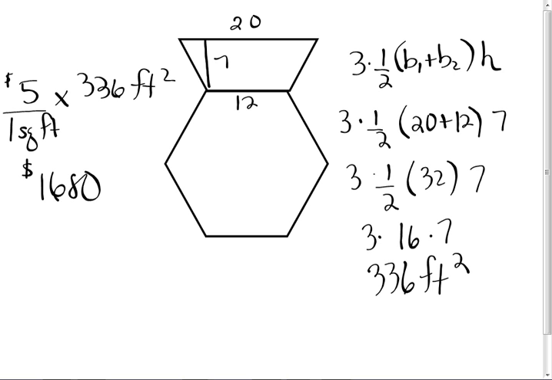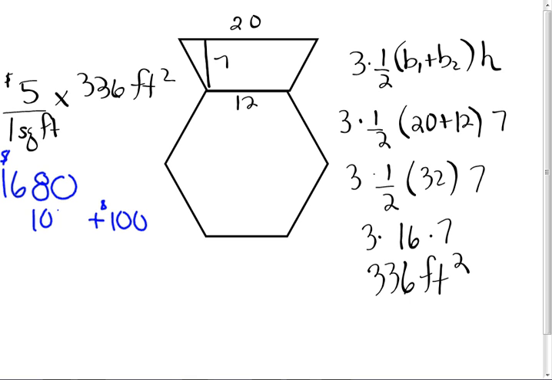So I made an arithmetic mistake. Whoops. See, 3, 30, 18. Oh, 1680. Oh, yeah, I haven't finished it. That's for the square footage, and then you have to add in the flat fee of $100. So the answer is 1780.